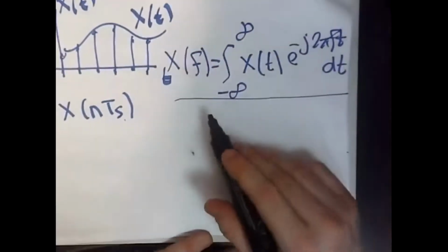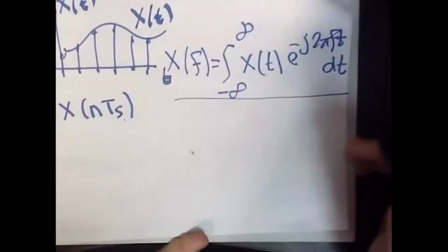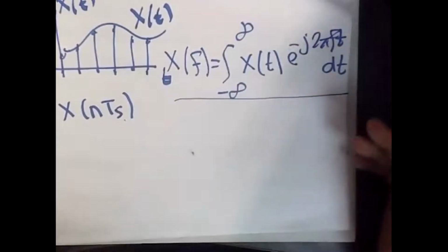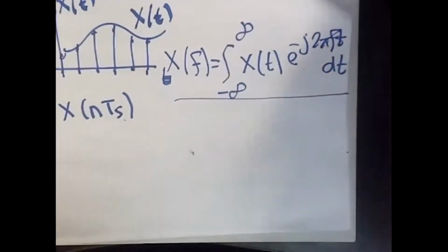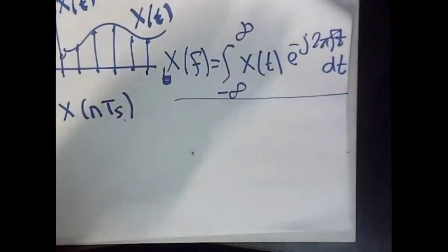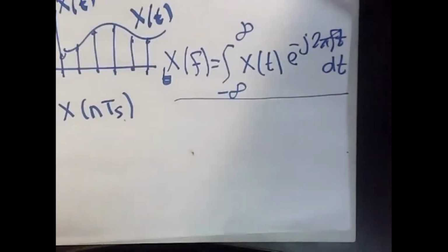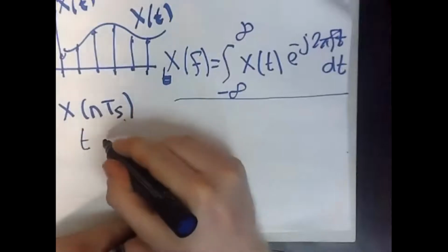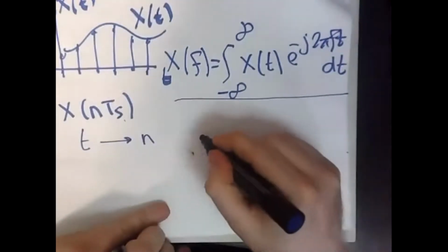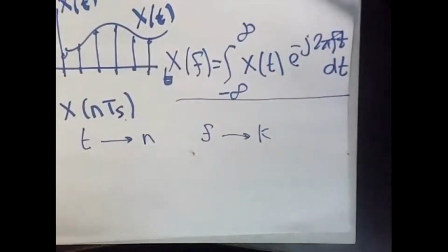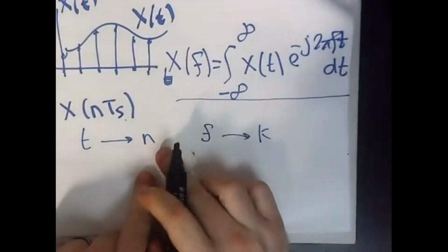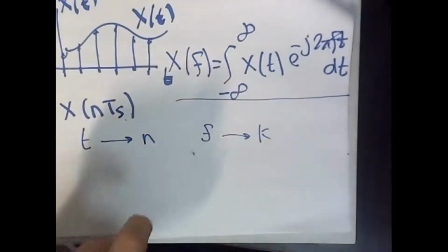So instead of t and f, we should have new variables, because now we don't have t and f. t is a continuous time spectrum and f is a continuous frequency spectrum. So we need to replace them by a discrete version of t and f. So let's call them n and k. So let's say that t is discretized into n and f is discretized into k. This is just to have an integer discrete format of the axis. So n represents 0, 1, 2, and 3. What is 0, 1, 2, and 3?